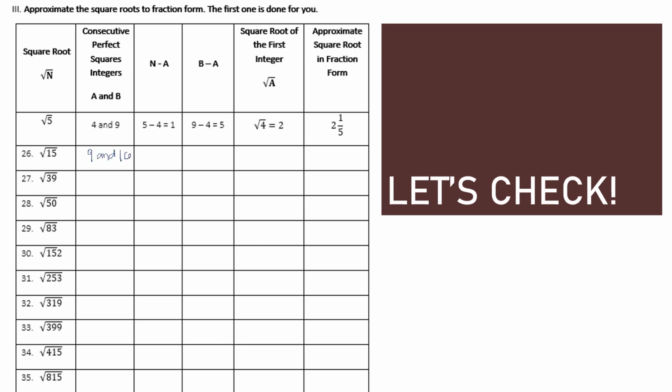Square root of 39 is between 36 and, what's next after 36? 49. Next, 50 is between 49 and 64. 83 is between 81 and 100. 152 is between 144 and 169.